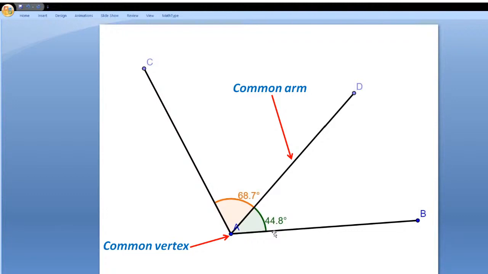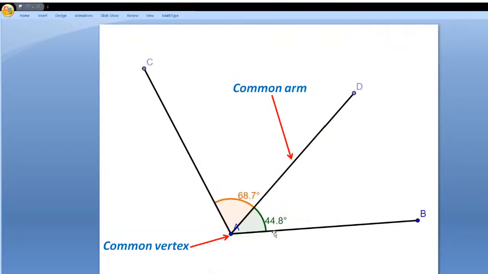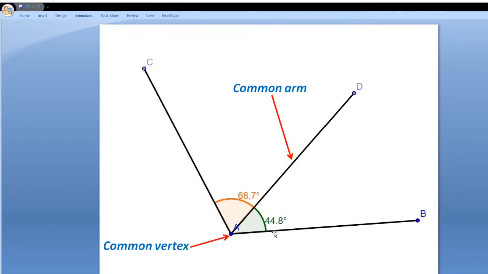I have specially drawn a figure for you so you can easily understand the term adjacent angle. In this figure, the common vertex is A, the common arm is AD, and the two adjacent angles are CAD and BAD. Draw this figure in your notebook.